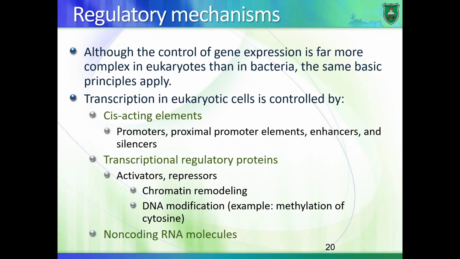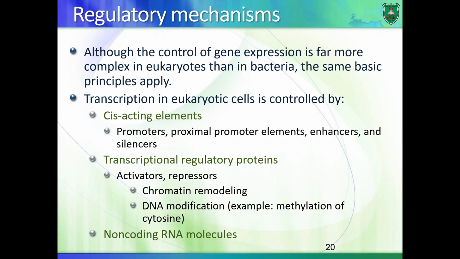Now, in terms of transcriptional regulatory proteins, as you will see, there are more regulators that can function as activators and repressors. Each one of them has a certain function. They participate in chromatin remodeling. They participate in DNA modification as well. And we have non-coding RNA molecules.